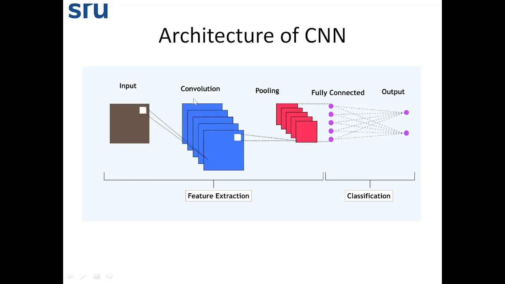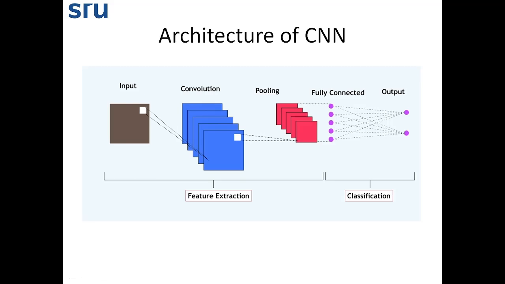In the convolutional layer, the spatial features of the image are extracted. Then we have the pooling layer, which is used for feature extraction. It means that in this pooling layer, important features of the image get extracted. After the pooling layer, it passes through the fully connected neural network. In this fully connected neural network, the classification task takes place.